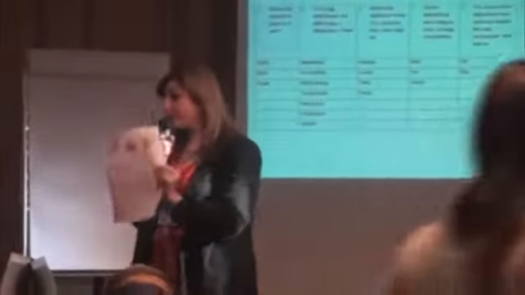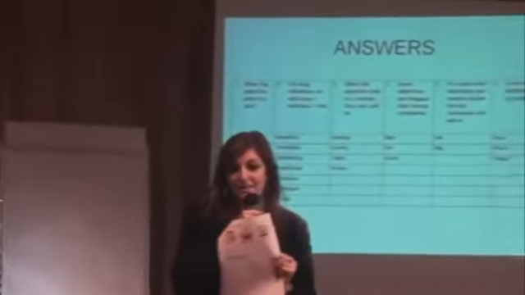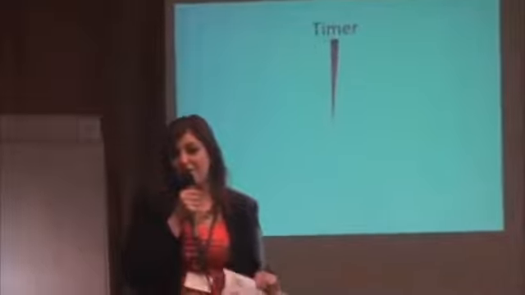On the second page, you have to choose the correct adjective and then use it as a comparative. So it's 2 different exercises. You have 5 minutes to complete this one. The timer's on the board.